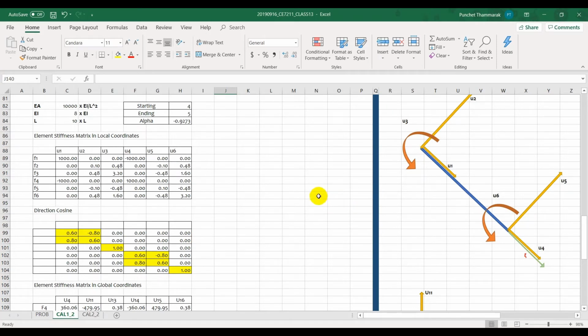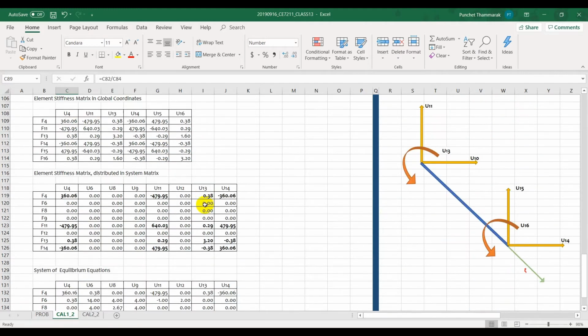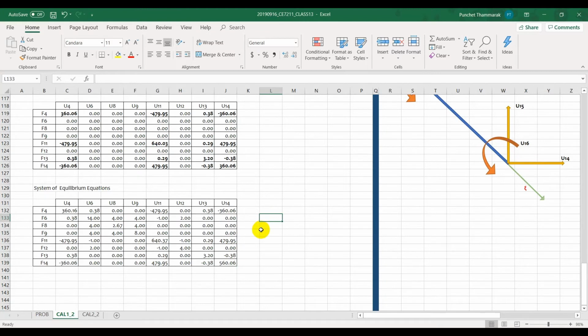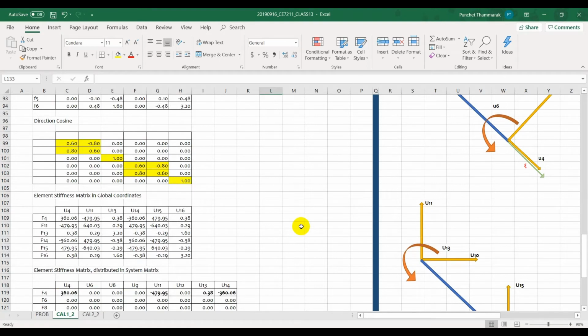Okay. Right. We have now the contribution from the stiffness spring. They're all in there.